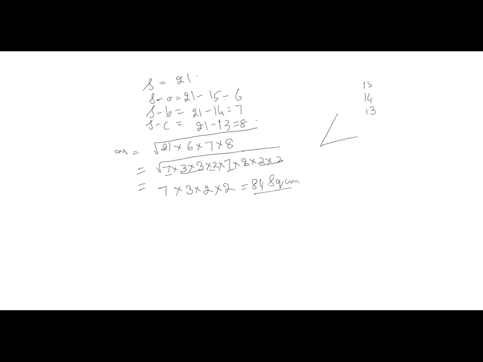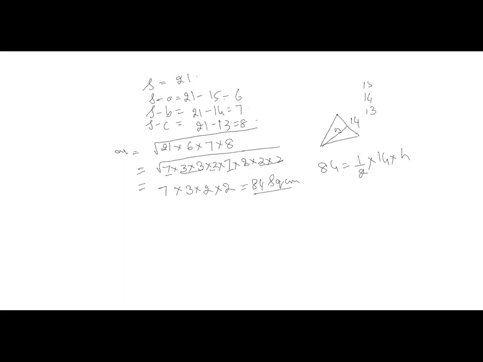Now we can also do that by half base into height. Will the area change? No, ma'am. This is 14. Height we don't know, and the base is 14. So area is also 84, which is equal to half into 14 into h. Can I write like this? Yes, ma'am.